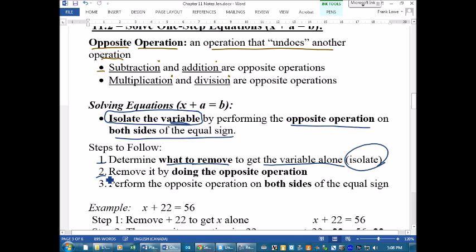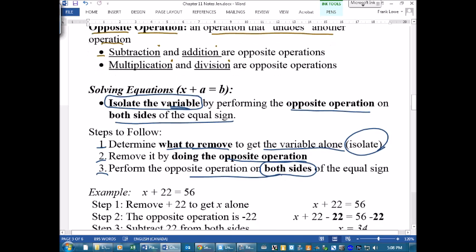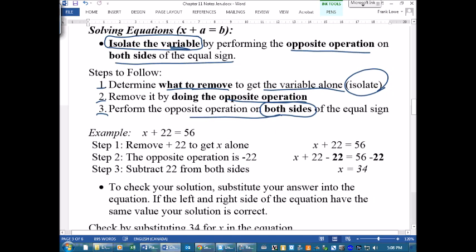Step two is the actual doing it, and that's where you're going to use the opposite operation. So you're actually going to do some math there. Step three is kind of part of step two, but you have to make sure that the opposite operation is performed on both sides of the equal sign. I'm going to show you why in a second. Actually, maybe I'll do it right now. I'm going to go over a couple of examples here.